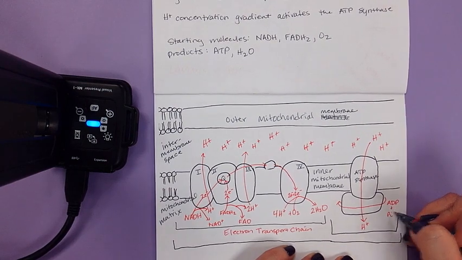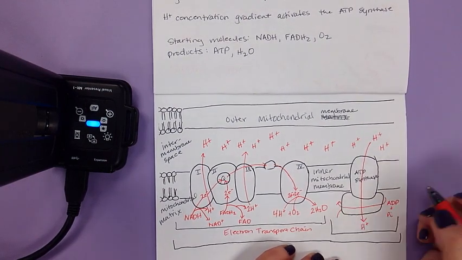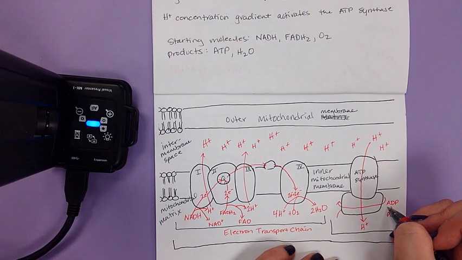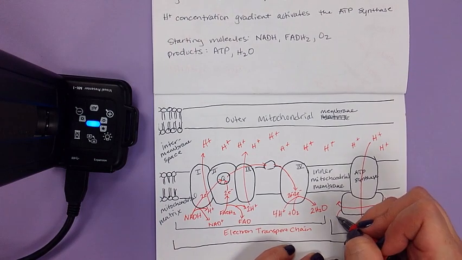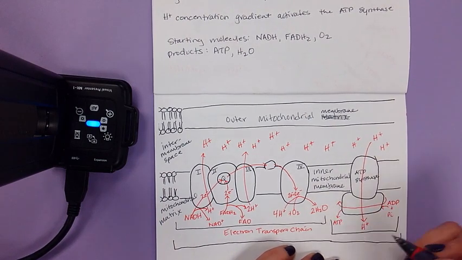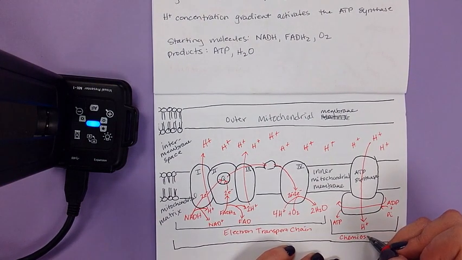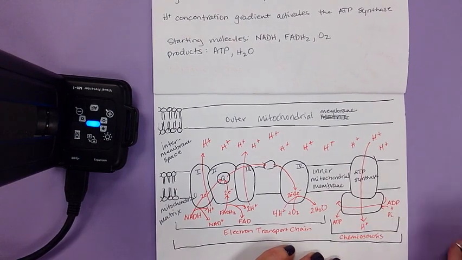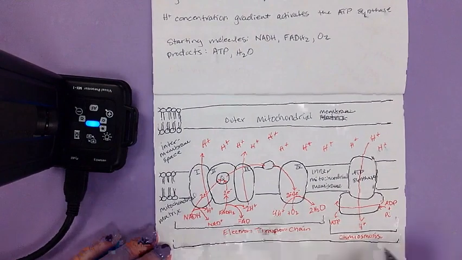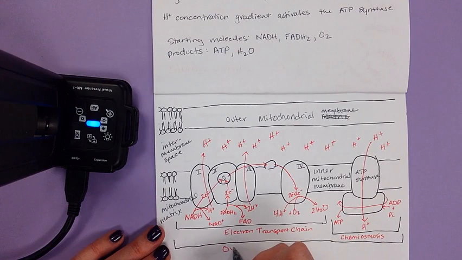As it does that, that's going to power the bottom part, the rotor of ATP synthase, to join ADP plus a free phosphate ion to form ATP. This process is called chemiosmosis because we are restoring the chemical balance of the small space.